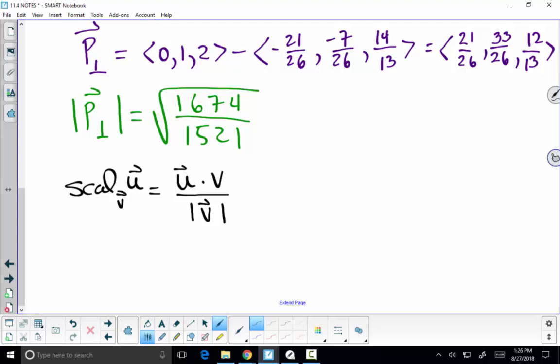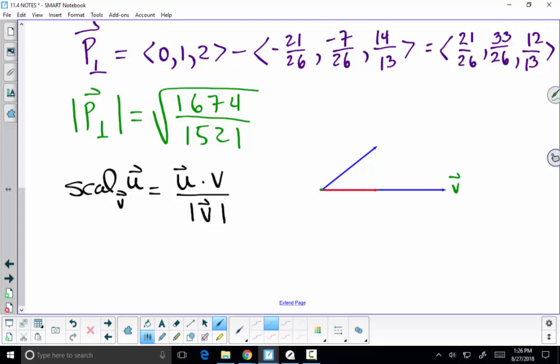Why is that? This should be a reminder from a couple days ago. If we take a look at the geometry here, the picture that is being made by this projection scenario, we're projecting down, we're forming this vector. Just recall, and this is super helpful to think about, there's v.